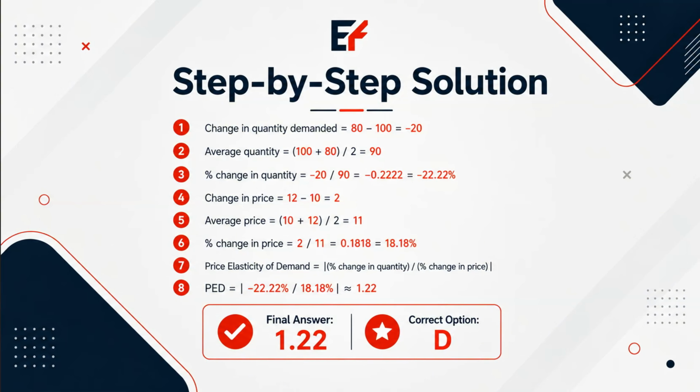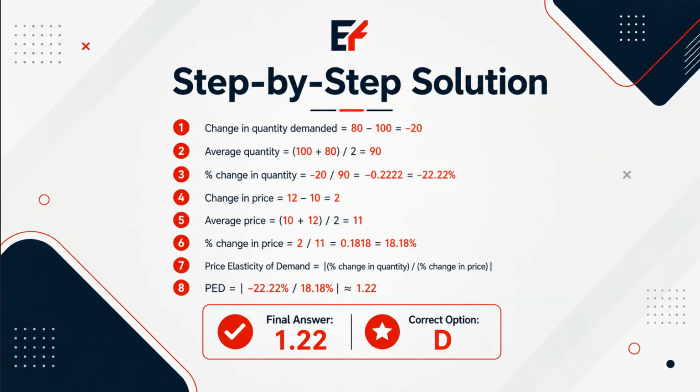Price elasticity of demand uses the absolute value of percentage change in quantity divided by percentage change in price. So 22.22 divided by 18.18 gives about 1.22. Option D is correct. Option A and option B are too low, while option C understates the response because demand changes more than proportionately compared with price.